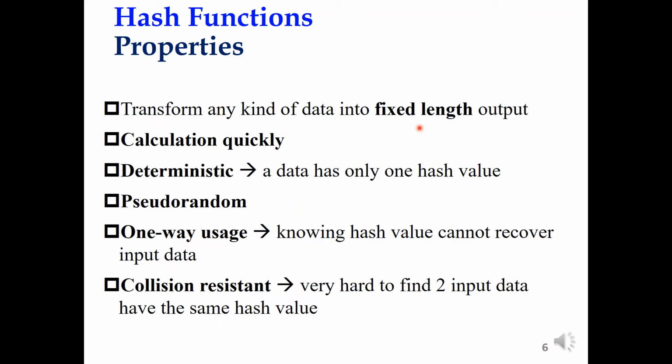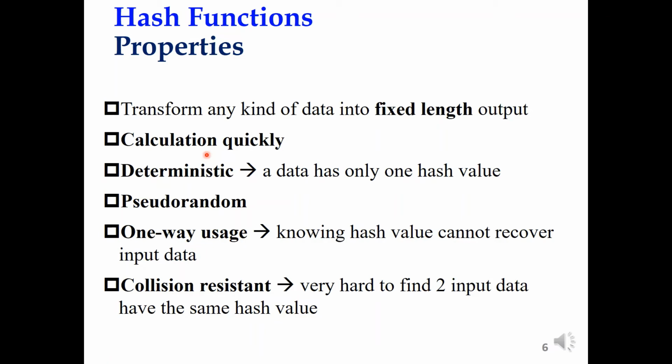Okay. The next property is quick calculation. It means that the hash function should be able to calculate the hash of the data very quickly. Therefore, when constructing a hash function, we should use simple operations like logic operators such as AND and NOT.